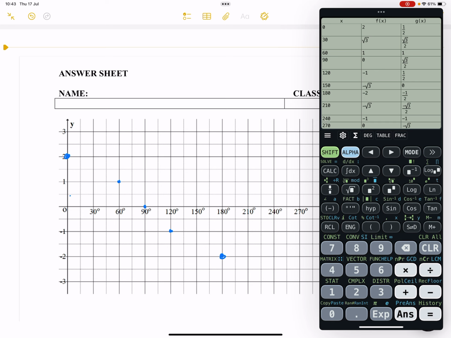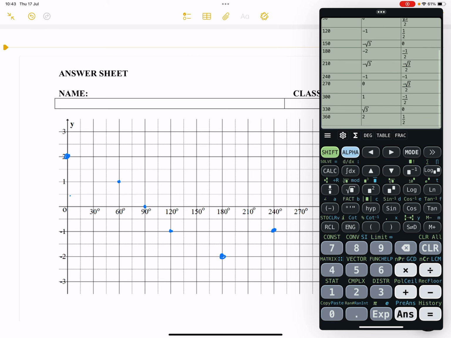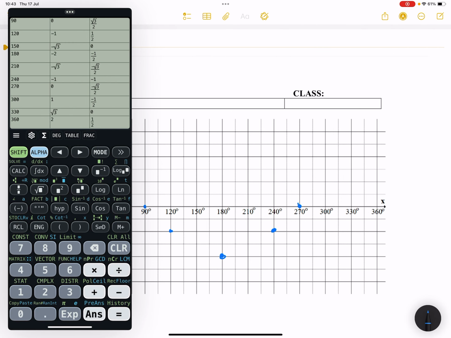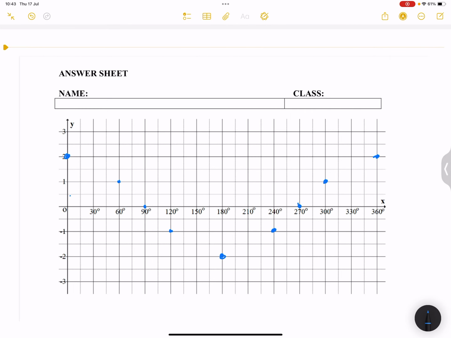And 240 is negative 1. 270, that will be 0. And at 300, the graph is 1 again. Then 330 is square root of 3. And finally, at 360, the graph is equal to 2. So there's our graph for f of x.